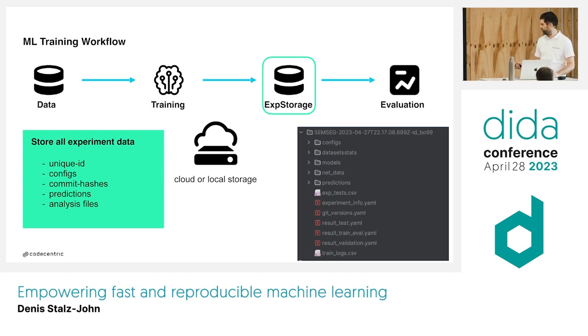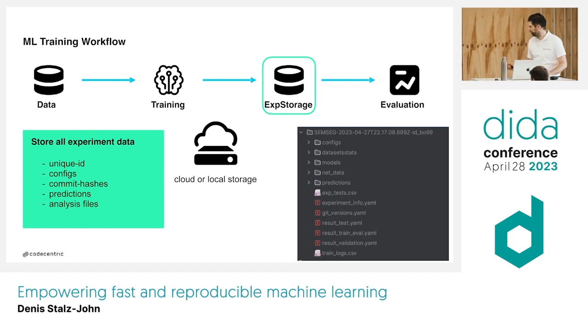The commit hashes, we have one file, Git versions. There is the dataset and the current hash of our code. And we have a lot more data. One is predictions, for example, where we store data frames if we are doing classification, or we store images if we are using semantic segmentation.